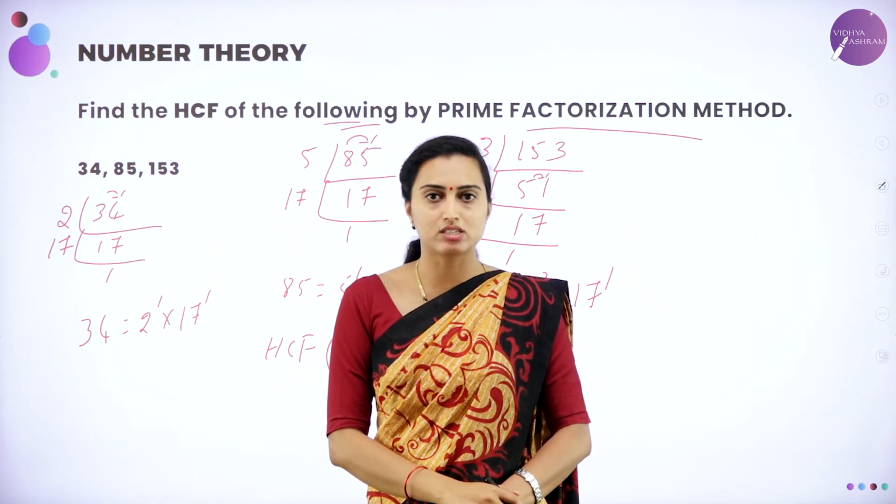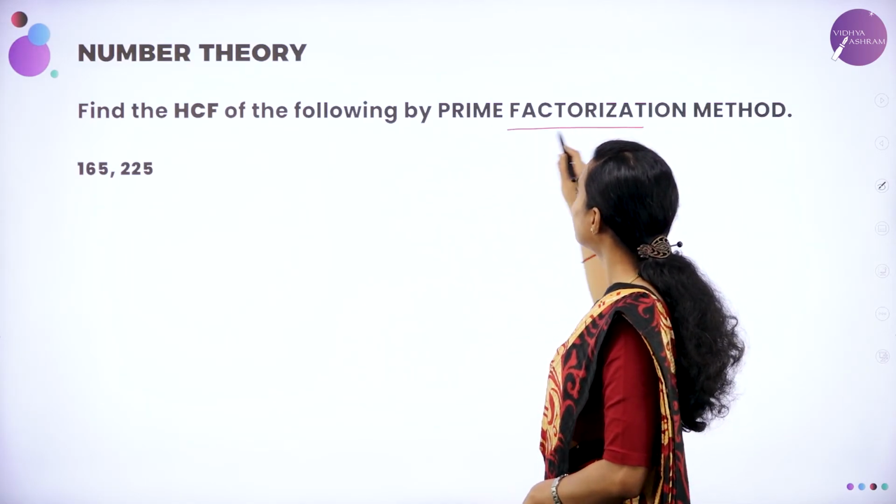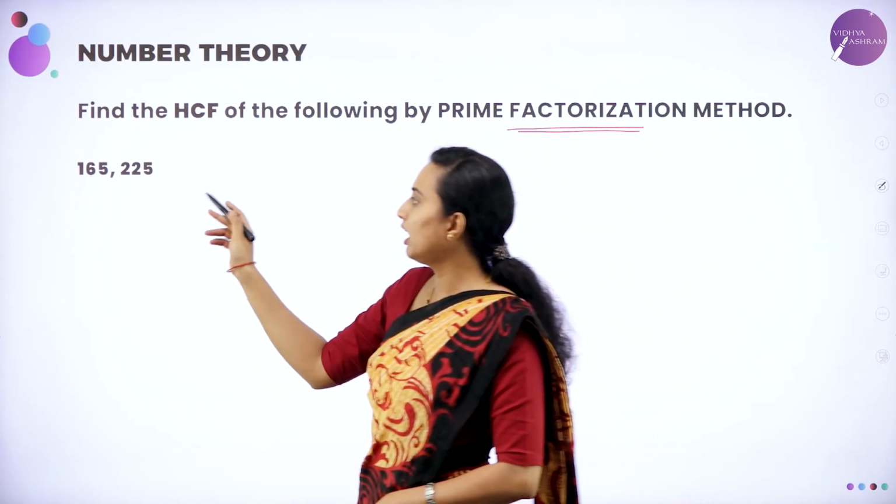I hope you understood this. Next we'll be moving on to find the HCF of the following by the prime factorization method, which they have given. 165.